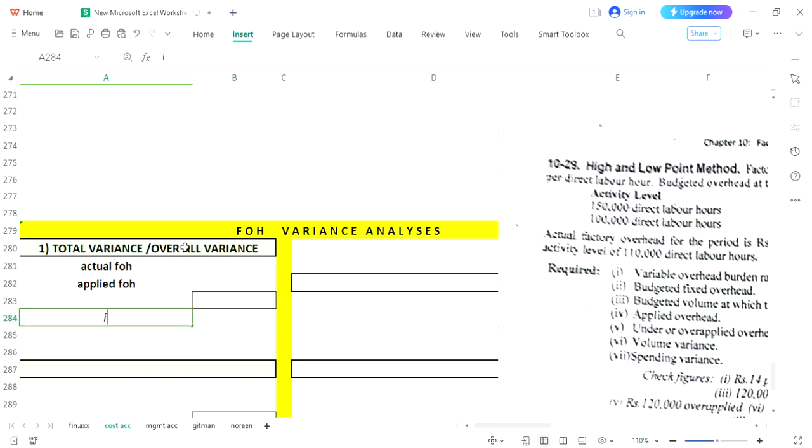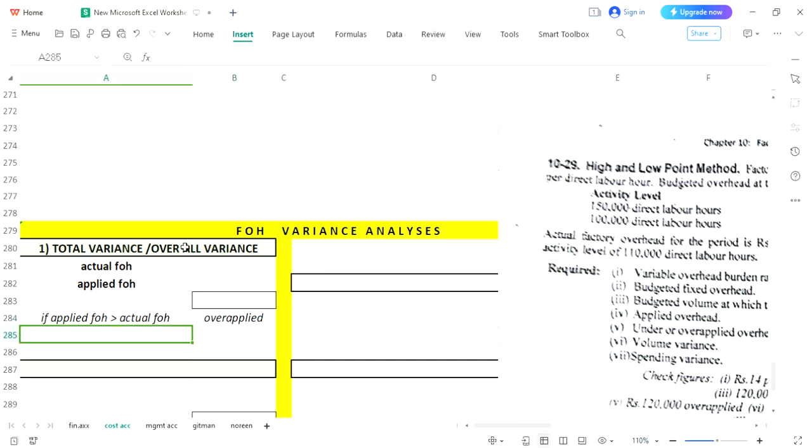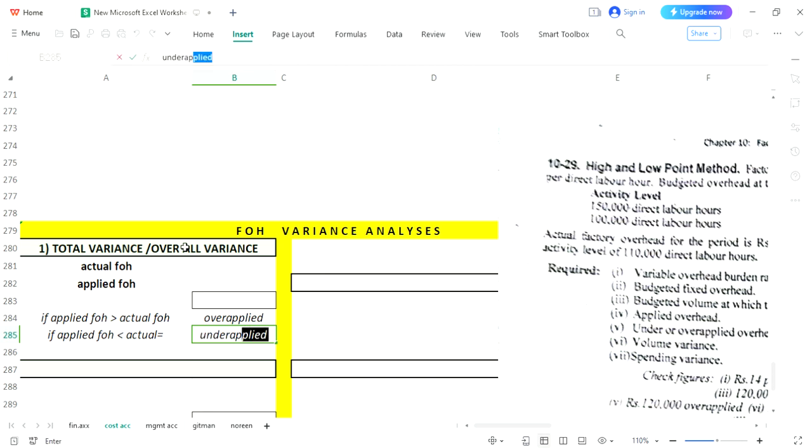For that purpose you will be focusing upon applied FOH. If your applied FOH is more than your actual FOH, how would you conclude? If applied is more, it would be considered as over applied, and contrary to that, if applied FOH is less than actual FOH, applied is less, so you will consider it as under applied.